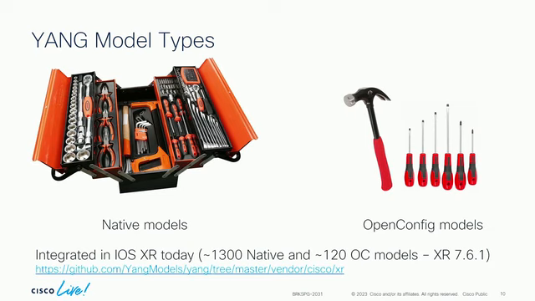With OpenConfig, the beauty is that if you start to adopt a model for interfaces, let's say, it will be the same for Nexus, for Junos, for XE, for XR, but then there could be some nuances and some details. Because OpenConfig wants to do the approach of integration with unification on the device level and not on the automation level.